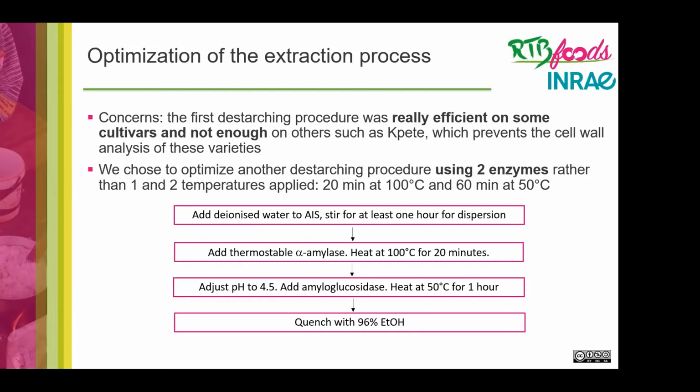We chose to use 2 enzymes rather than 1, and to keep the 2-step temperature process, but with a temperature of 100 degrees for the first step. This was inspired by the literature and work on cassava. So that was our new protocol with thermostable alpha amylase and amyloglucosidase.